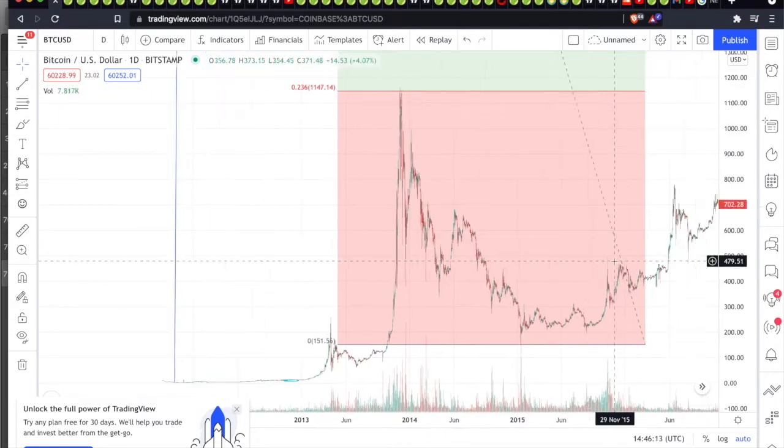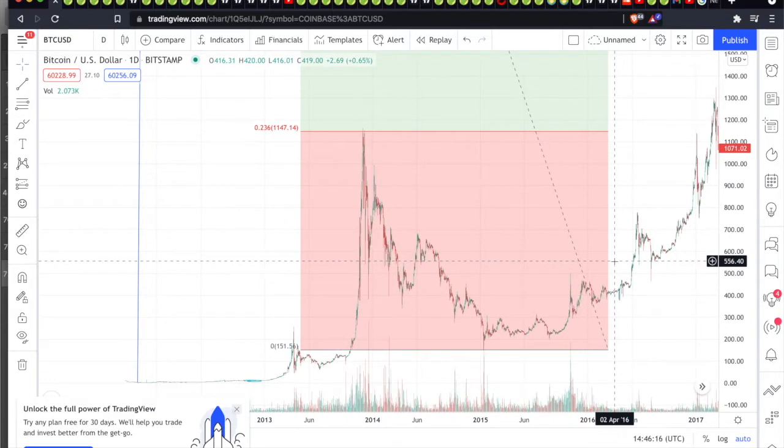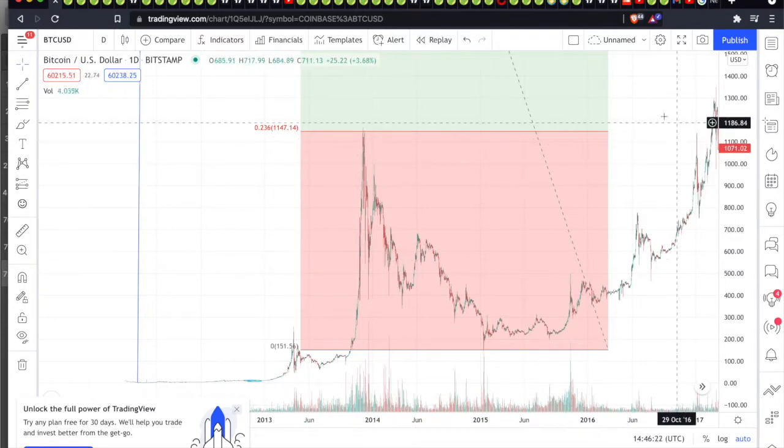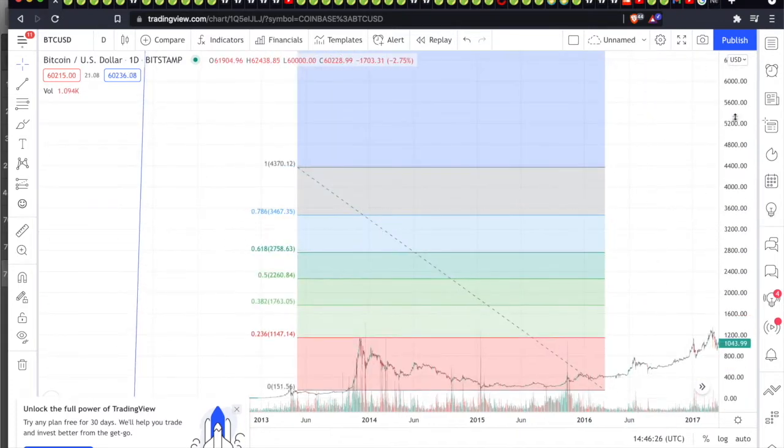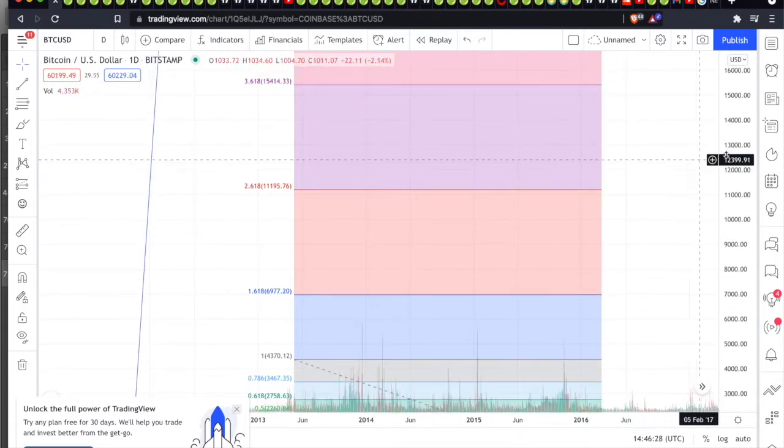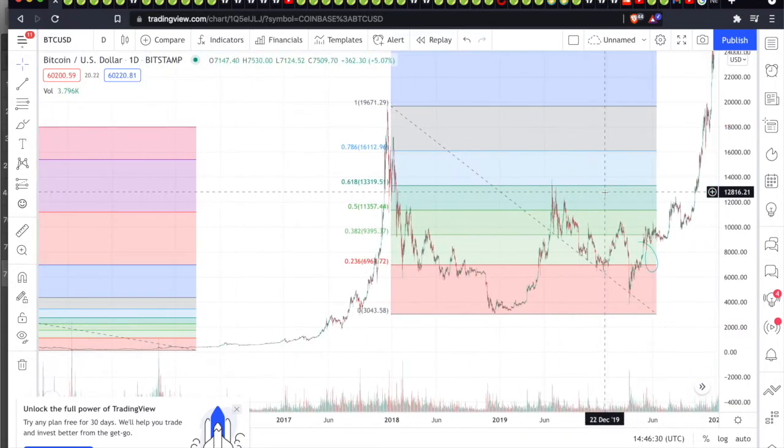That's just a measurement. There's no specific rhyme or reason why I did that other than the fact that it gave me a sort of close, sort of accurate target for what happened in the 2017 bull run.